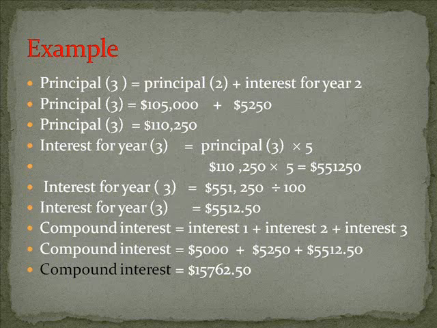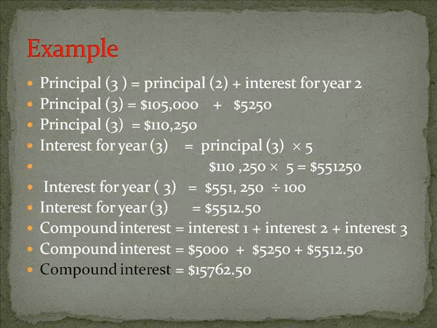Now how do I find the interest for year 3? Well, simple. I multiply the principal for year 3 by 5, and that 5 is the numerator of the interest rate, which is 5 over 100. So the principal 3, which is $110,250, will be multiplied by 5, which will give me $551,250.